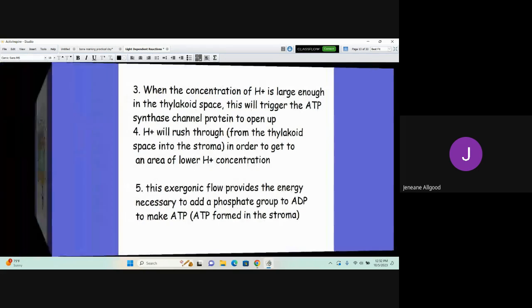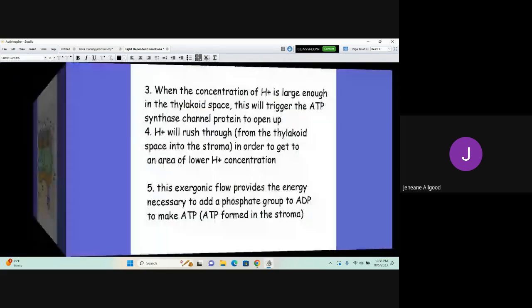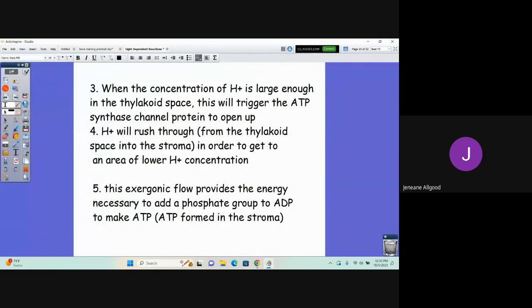And so we say that that's an exergonic flow. Basically all that means is that those H pluses are rushing through that ATP synthase so fast, and there is actually a rotating piece at the bottom that will spin when those H pluses rush through, and that spinning creates enough energy to add a phosphate group onto ADP to make ATP.